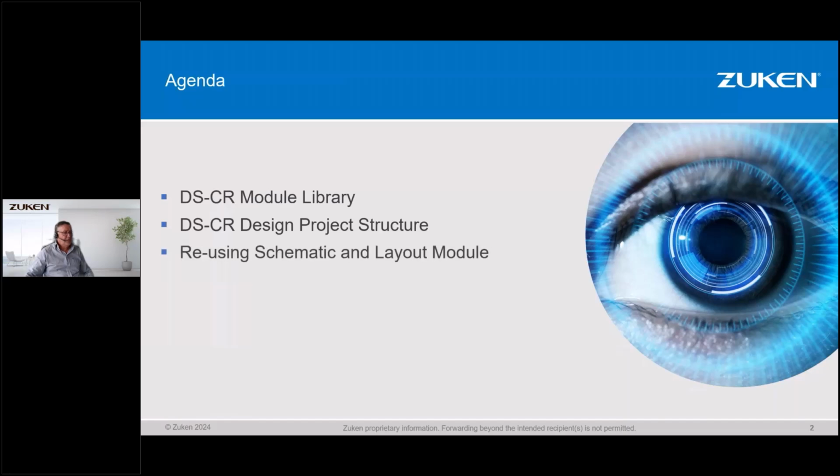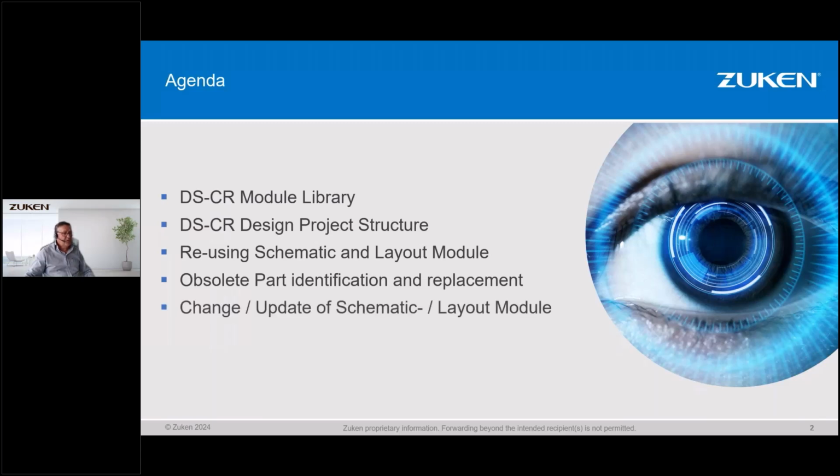Then reusing the schematic, as I said, this is pretty conventional, but then also reusing the layout module in my project design. Then how to identify that a part becomes obsolete and how can I do the replacement of that part, and then also populate this further to my project design.